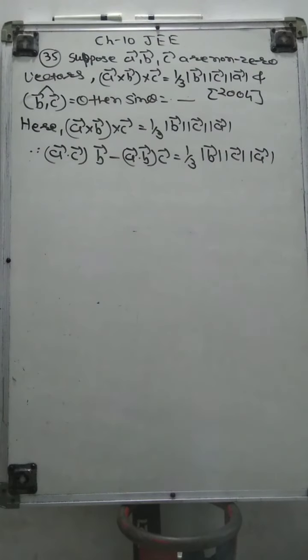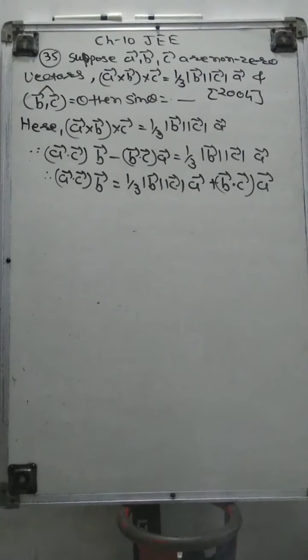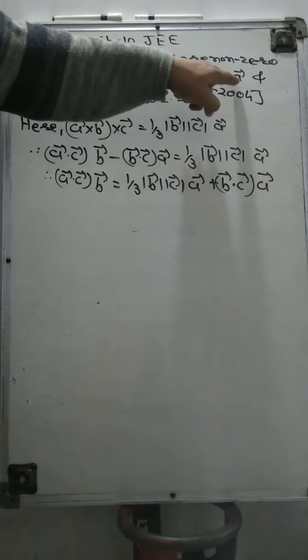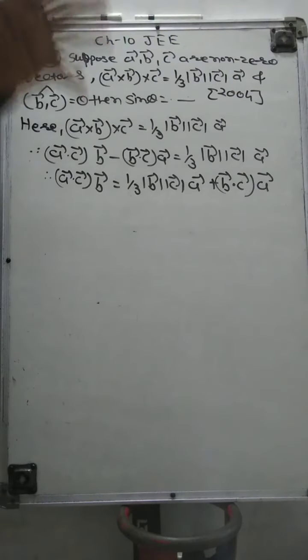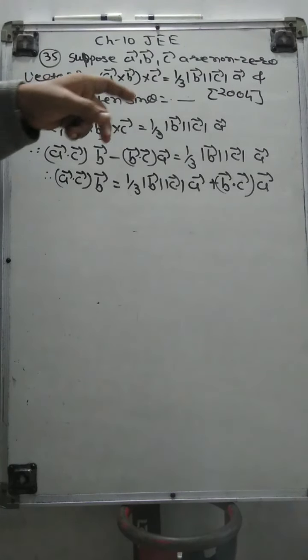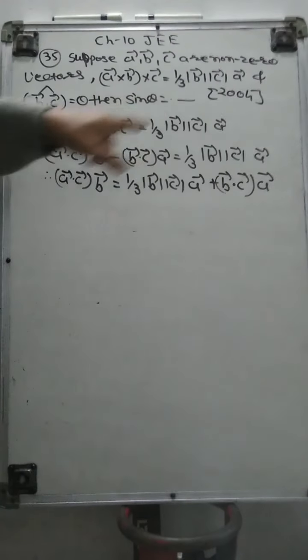Right? Now when we simplify, here is one little change in the statement. This is not mod A bar but only A bar vector. Modulus is not given, so I just correct this.